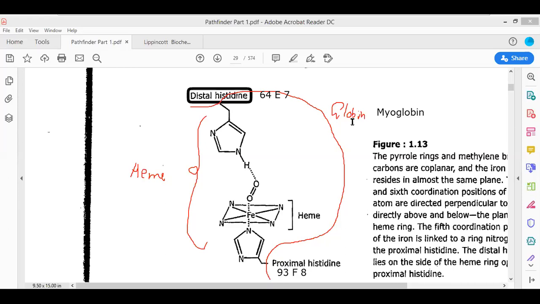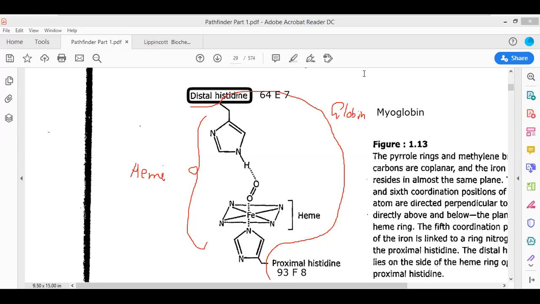Then there is phenylalanine at the 93rd position, and at its 8th atom it is bound to another histidine, called the proximal histidine. Both distal and proximal histidine bind with heme, and in turn this heme binds with the oxygen molecule. This is how the structure of myoglobin is oriented.